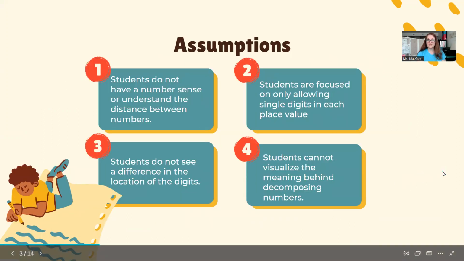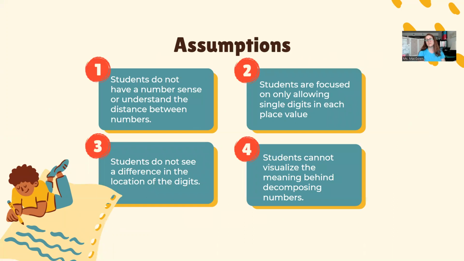My first assumption is that students do not have a number sense or understand the difference between numbers. Students are focused on only allowing single digits in each place value. Students do not see a difference in the location of the digits, and students cannot visualize the meaning behind decomposing numbers.